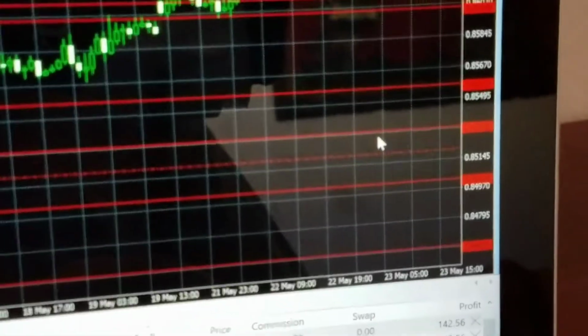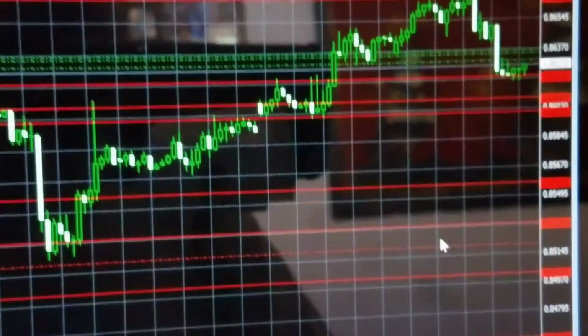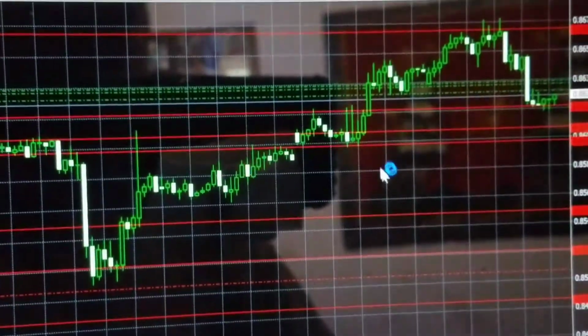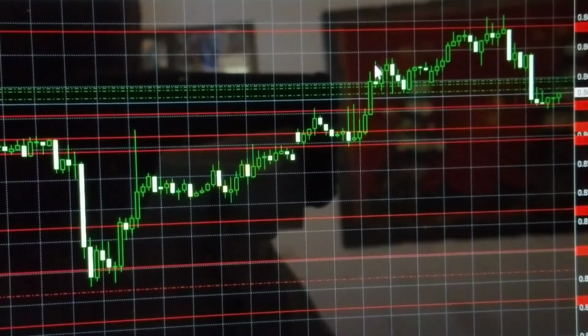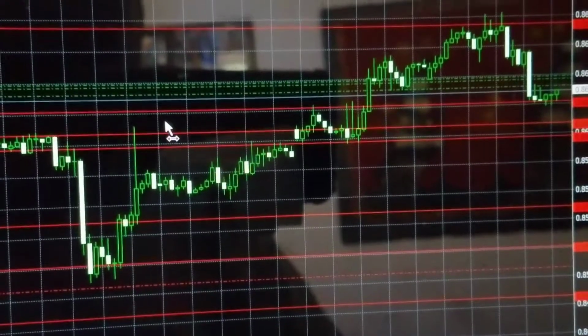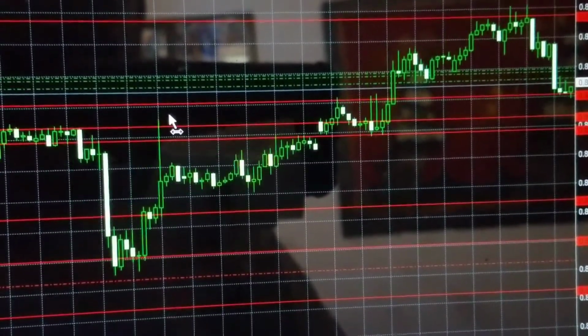But again, now check this out. If you look back to the chart, like we were talking about yesterday, these support and resistance lines that you just saw me draw will almost match up with other support and resistance lines.